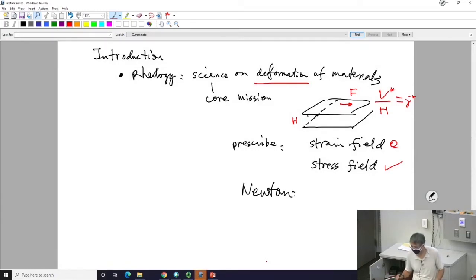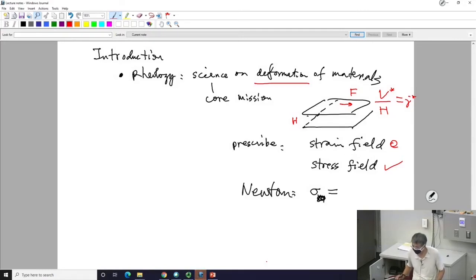For a Newtonian liquid, he found that the viscosity... remember last time I already told you what the shear stress is. We usually don't write xy anymore because we know we are talking about shear, so you don't need this label, just sigma.